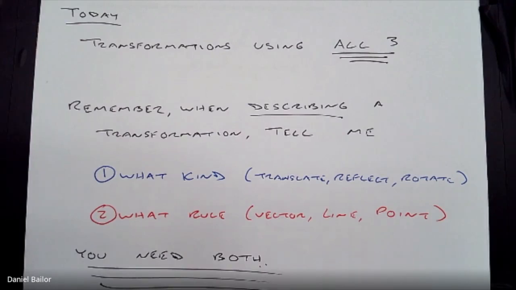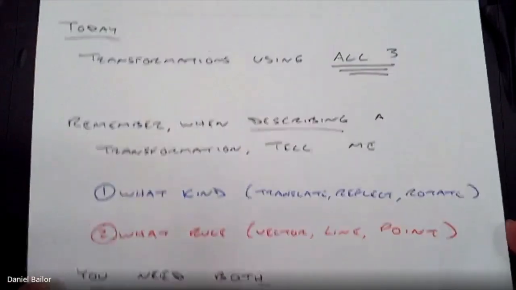But we're going to do some practice together right now so that you can see how I do my descriptions of transformations. So let's start on the first page of your lesson.